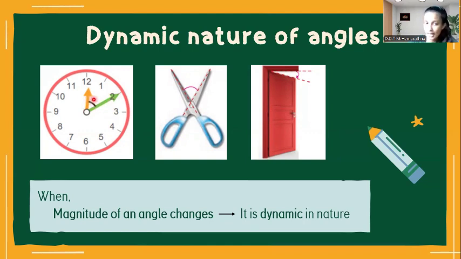You can see when the time is 12 past 10, there is an angle between the hour hand and the minute hand. But when the time goes and the position of the hour hand and minute hand changes, the angle also changes between the two hands.